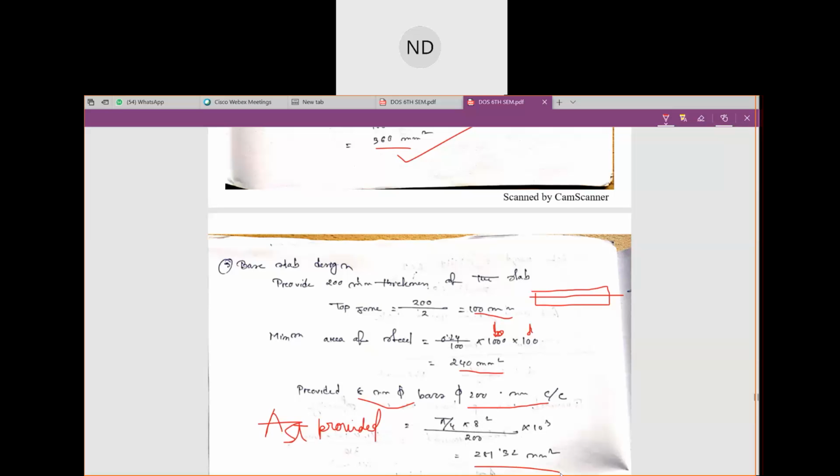We have got the area of steel provided to be 251 mm square.